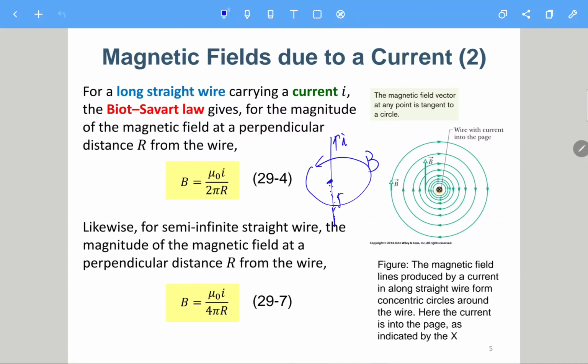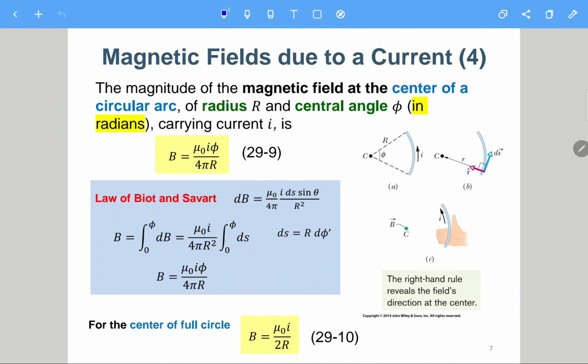Okay, we just derived the magnetic field generated by the long straight wire, and now we make the wire a circular arc.